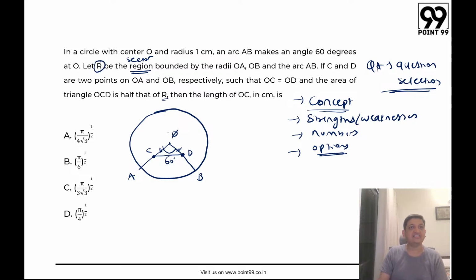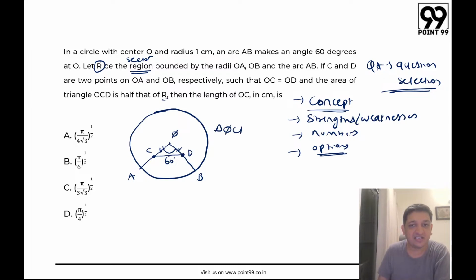R is the region, the sector. So the area of triangle OCD is half that of R. We have to find the length of OC in centimeters. So we can find the area of the sector because we know the radius and the angle, and we know the area of this triangle because it's a very interesting triangle. Angle COD is 60 and OC is equal to OD.